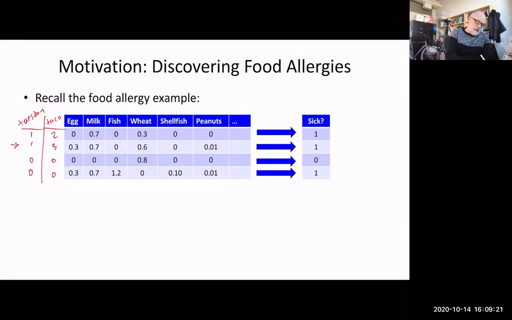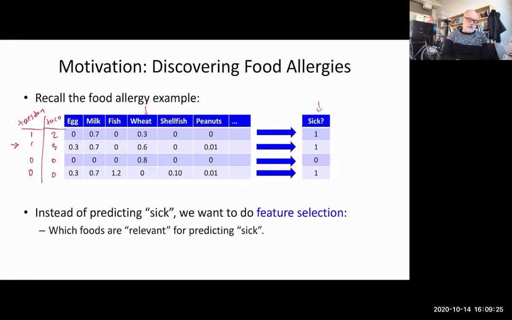This is what I eat on a day. This is how much of a particular substance I eat, and this is whether or not I have an allergic reaction. I get sick, right? So maybe this is the subject of the lecture today, and this is an annoying thing that you will be asked in industry to do sometimes, right?